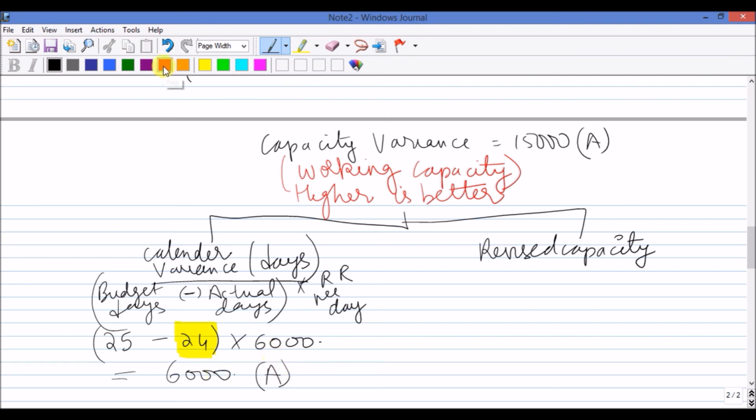Remember this. Now revised capacity, I'm giving you a key, and the key to remember is hours for actual days. Kindly note this key, hours for actual days.